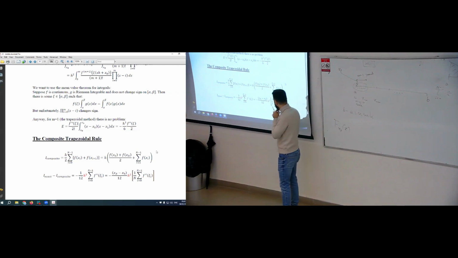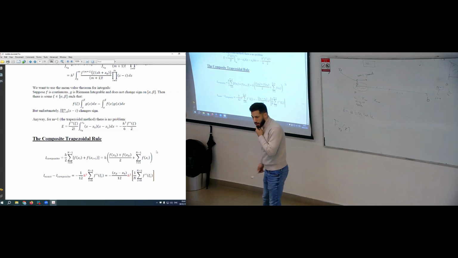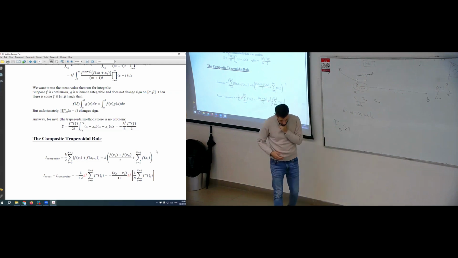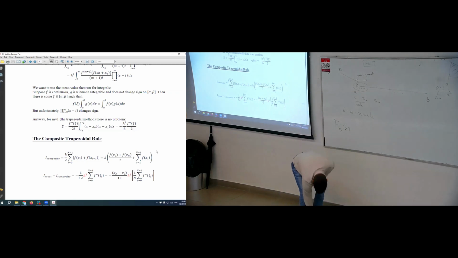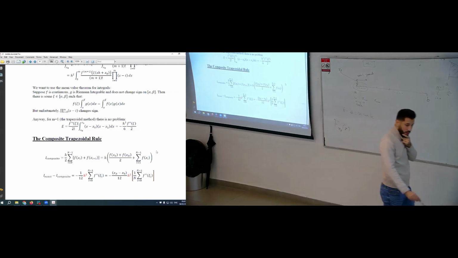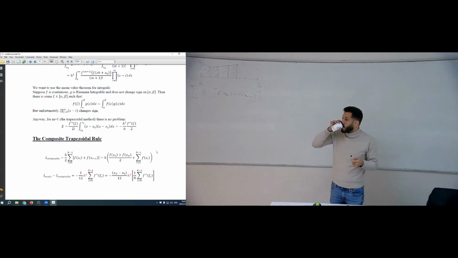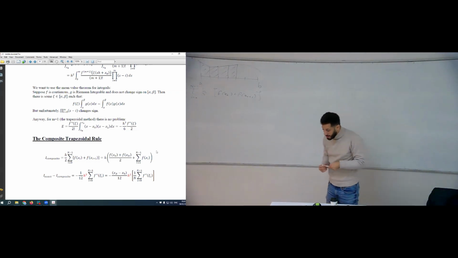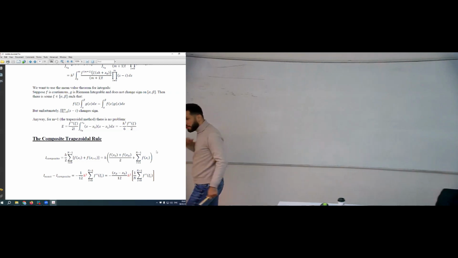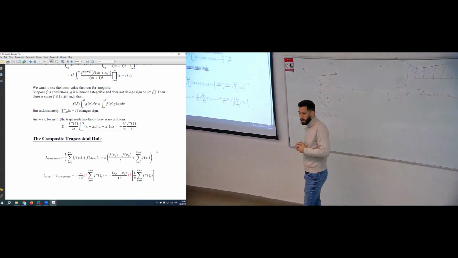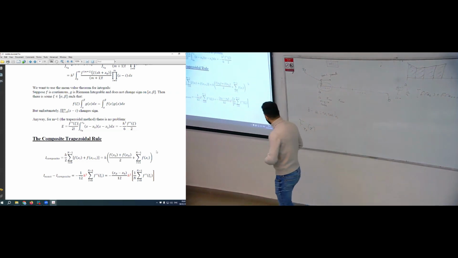Now, if n is very big or very large, this equals to what? Approximately. That's something that you have to notice in order to find the new method. Think about the new method.